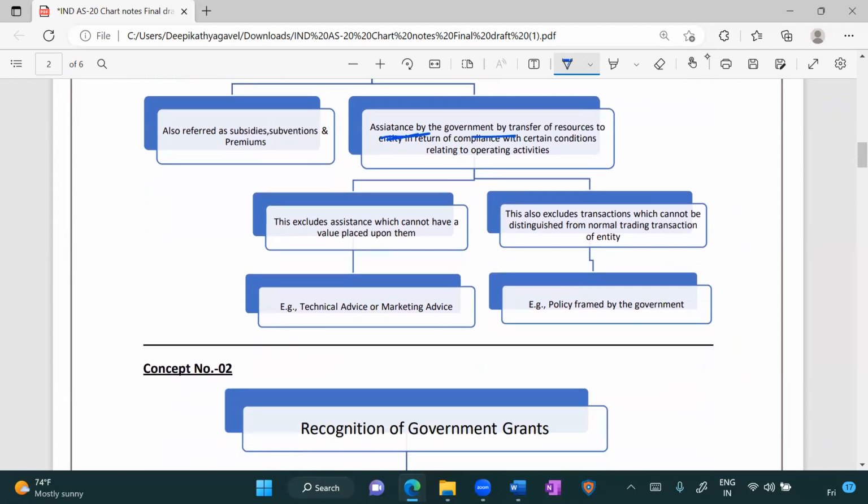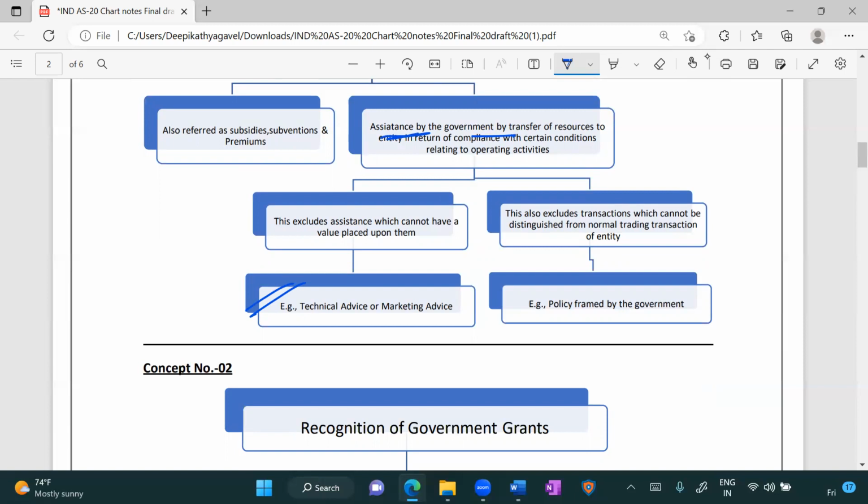Now, this is the general definition of government grants, but there are some specific exclusions from government grants as well. Let's look at that. The standard says that this excludes assistance which cannot have a value placed upon it. If you are receiving any assistance from the government, but you cannot place a value upon it, for example, technical or marketing advice, is a very common example. Let's say you are developing a vaccine which can cure a very dangerous disease.